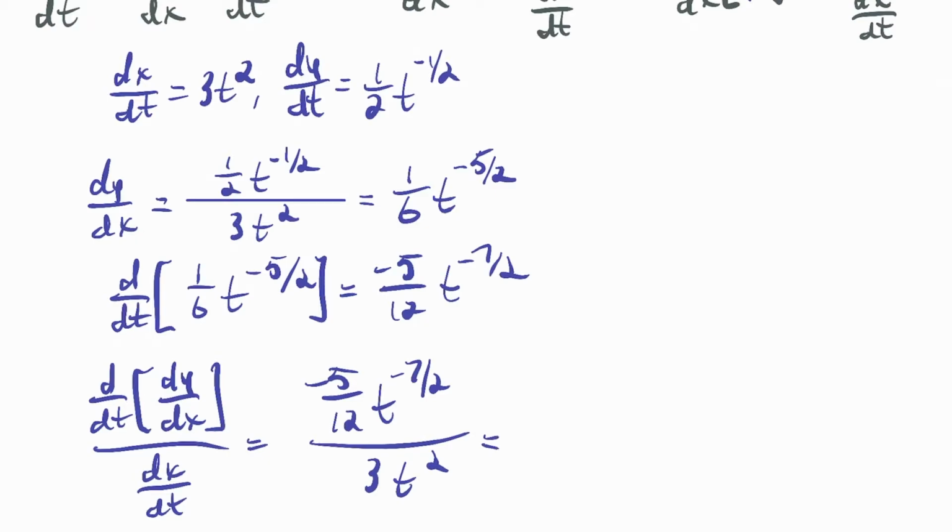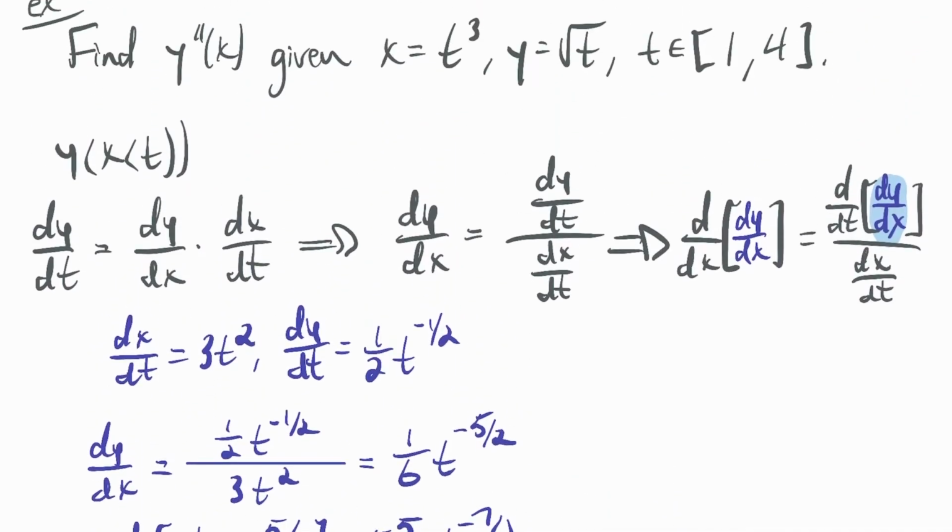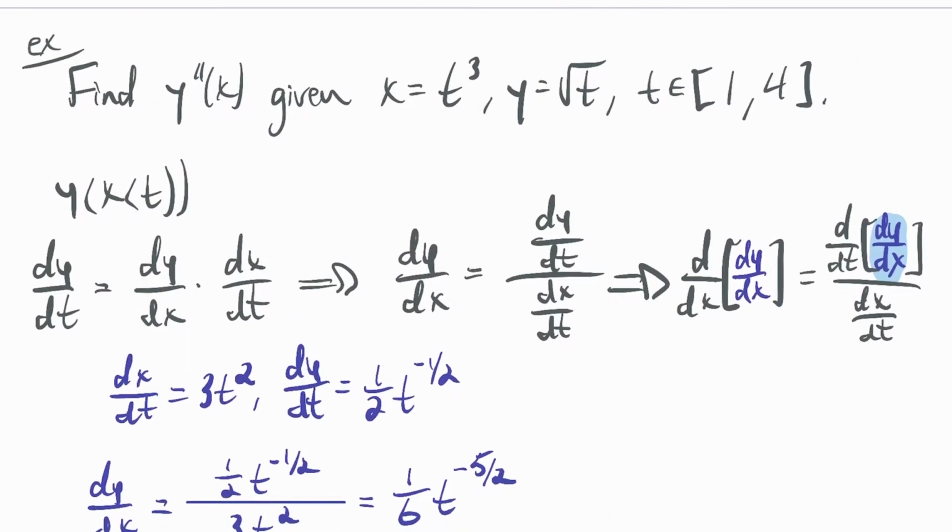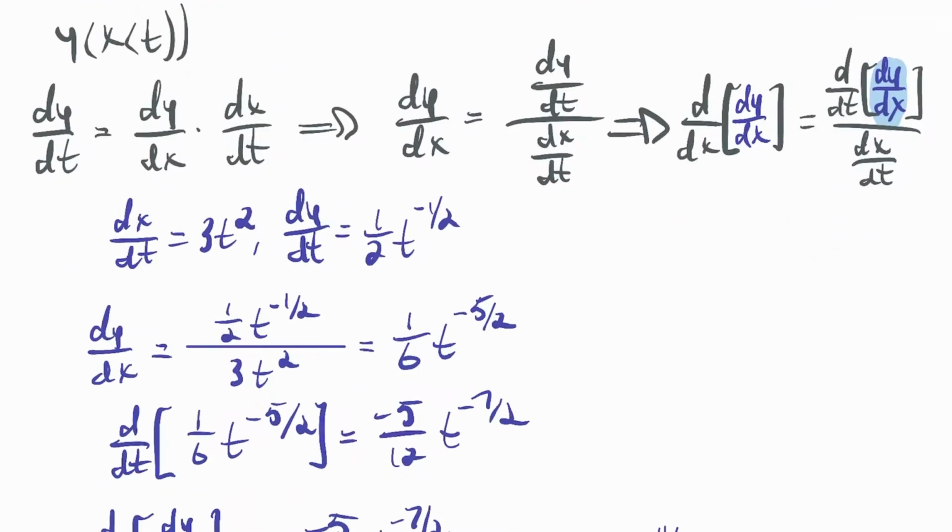So this equals negative 5 over 36 t to the negative 11 halves power. Okay? So the original question was about, yeah, just find the derivative. Okay, find the derivative as a function of x.